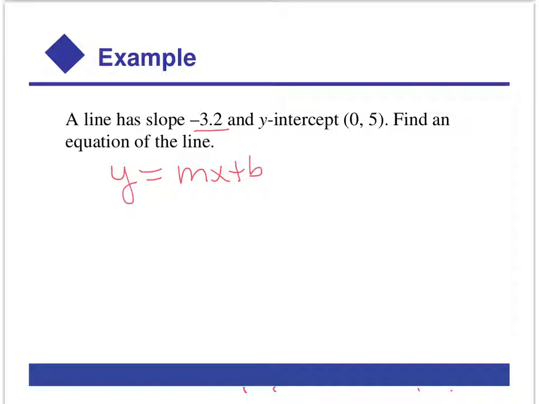So y equals negative 3.2x, and our y-intercept is going to be 0.5, and that is an equation of the line.